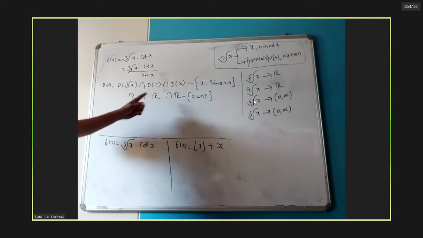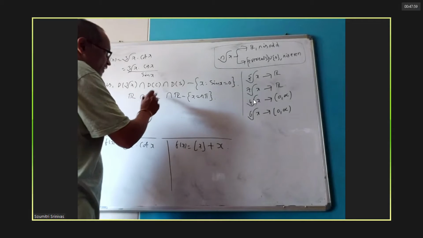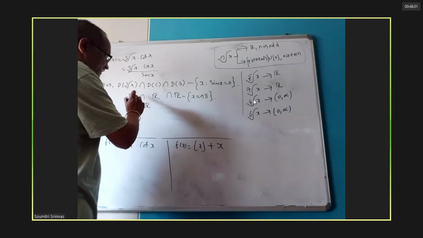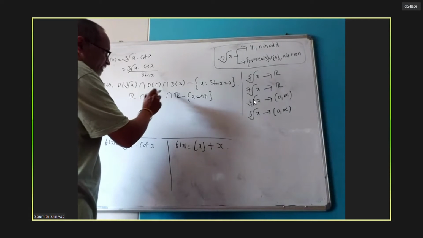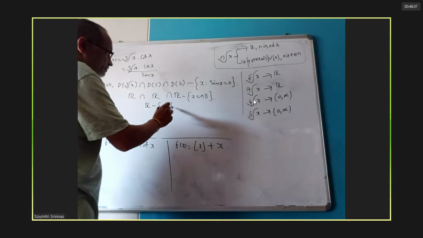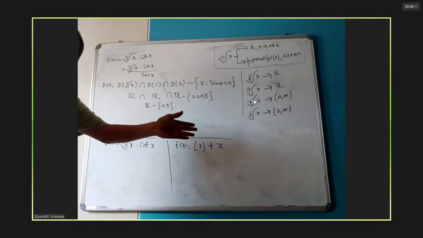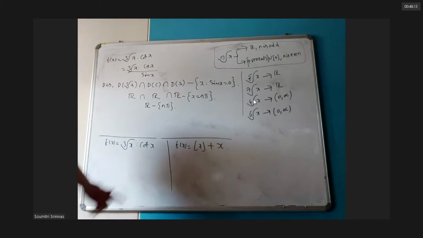What is R intersection R? R. तीनों का intersection R. R intersection R is R only. So R minus n pi. Clear? Yes, sir.